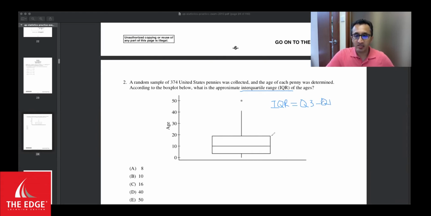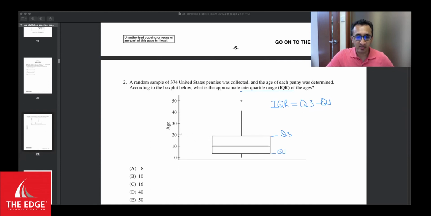As you know, this is your third quartile, Q3, and this is your Q1, the first quartile in the box plot. All you have to do is see where they are on the y-axis, on the left-hand side, which is the ages of the pennies, and then subtract one from the other, obviously the smaller one from the bigger one.